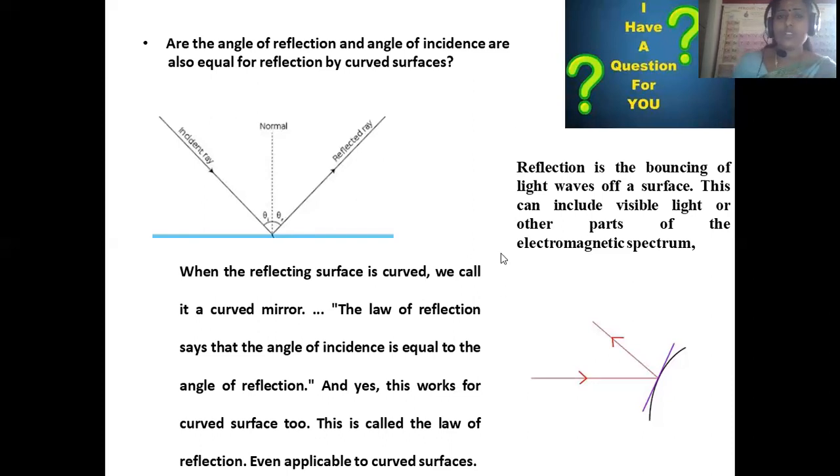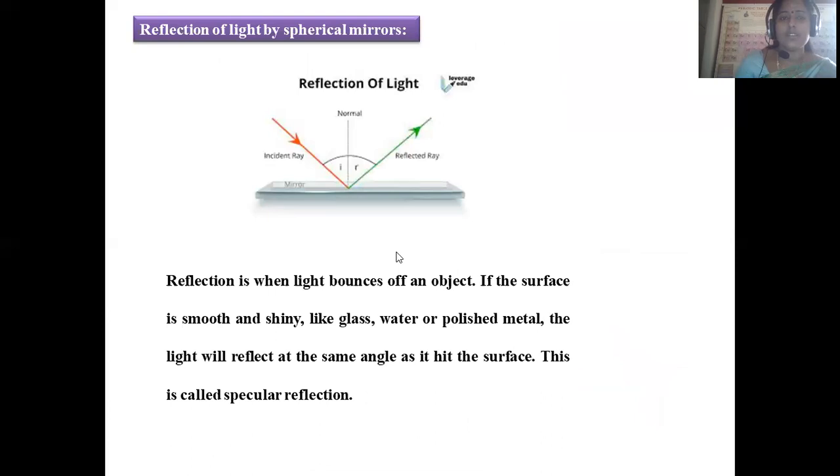So all the questions of this unit 1 were completed. Now let us discuss the actual topic of this unit 1: reflection of light by spherical mirrors. If you are taking spherical mirrors, how is the reflection of light possible? Just now we discussed what is meant by reflection of light.